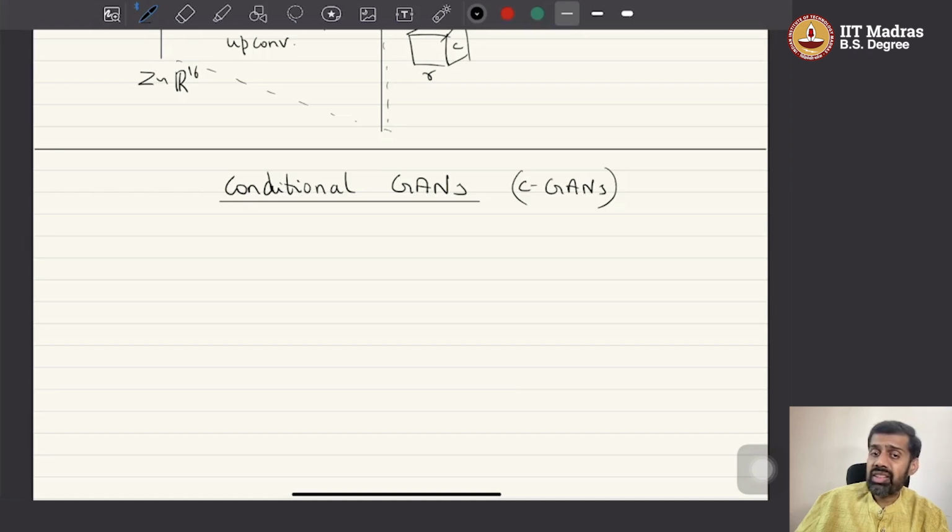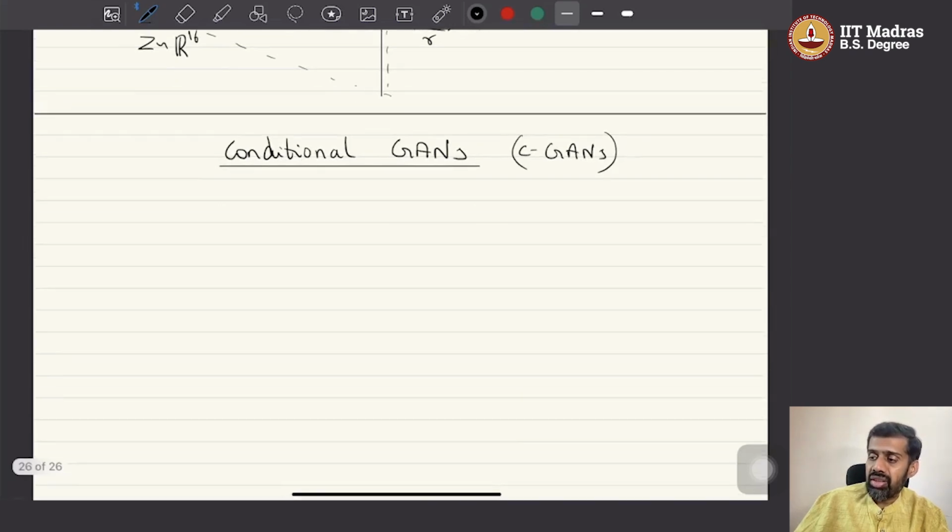Once we build the sampler, we would want to have control over what sort of animal is being generated from the sampler. In the formulation that we have seen so far, there is no control over what the generative sampler is sampling. So to ensure that it happens, we need to look at what is called conditional GAN.